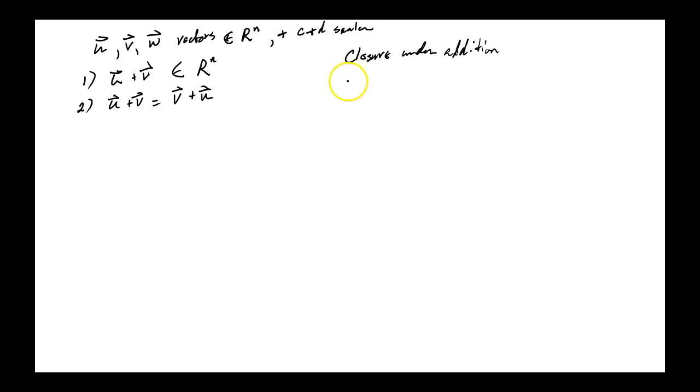So it's called the commutative property of vector addition. I didn't spell it right, but it's okay. They just say of addition, but we're dealing with vectors here.